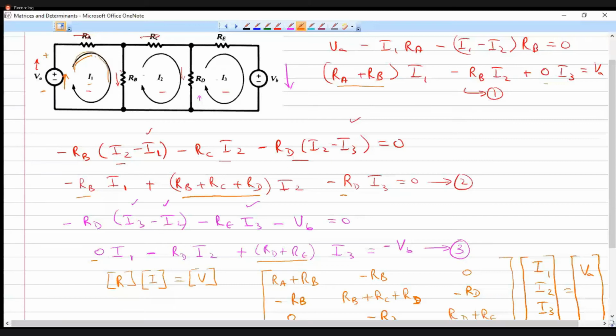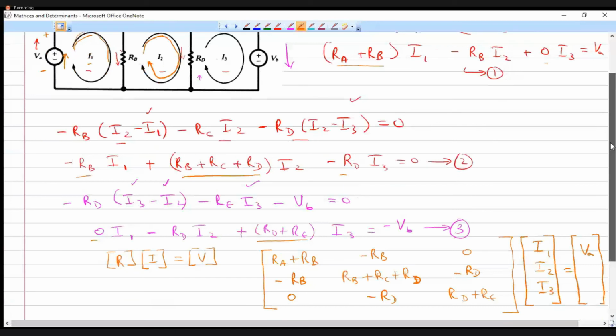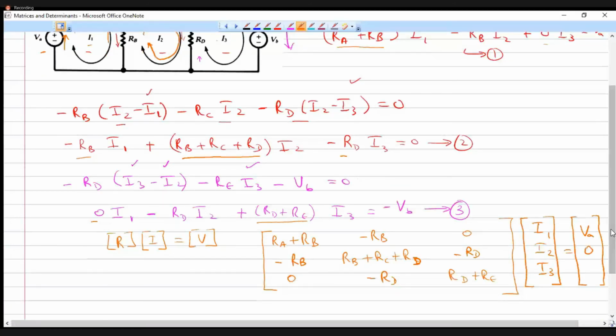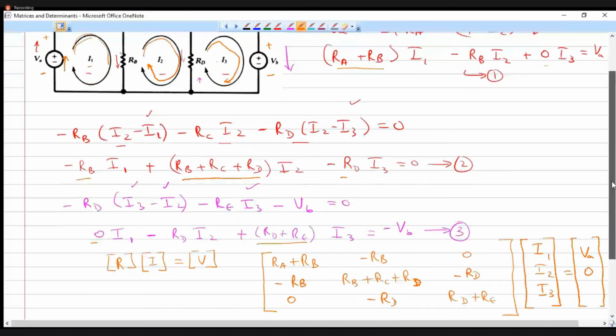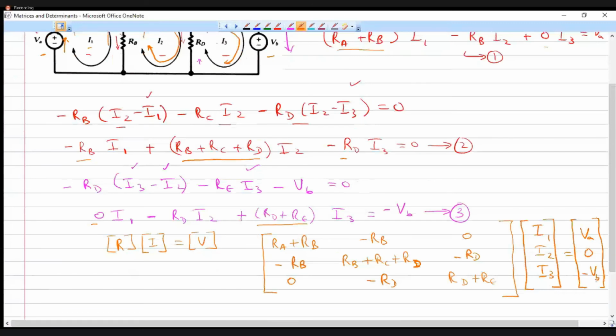Whereas in the second mesh, we cannot find any voltage source, so we put 0 there. Whereas in the third loop, we are traversing the VB source from plus to minus when moving in the clockwise manner, so we put it as minus VB.